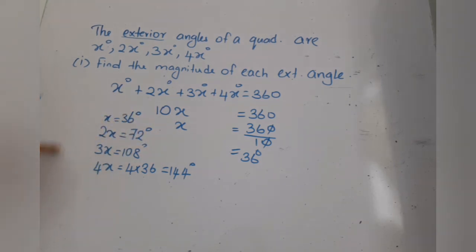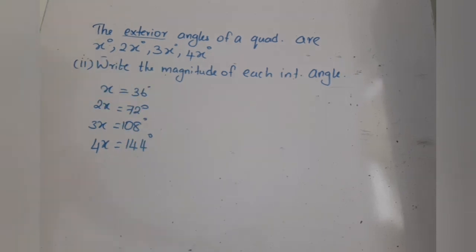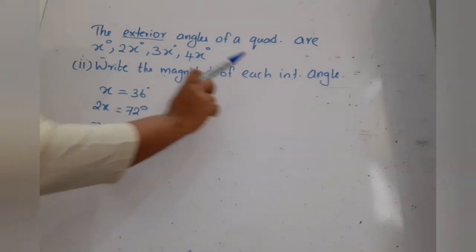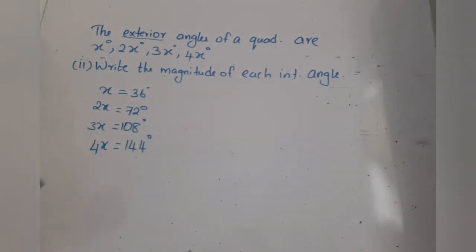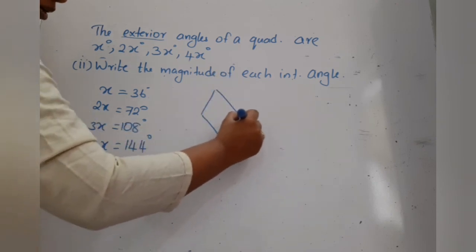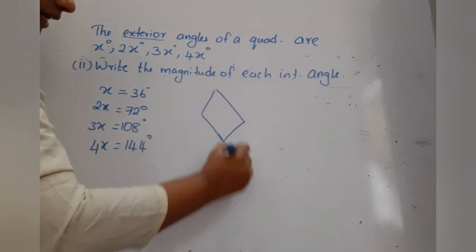Okay. Then we do have another question under the same question. So let's do that as well. The second question is to write the magnitude of each interior angle. Now, children, as you know, how are exterior angles being formed? Now, let's take this exterior angle.